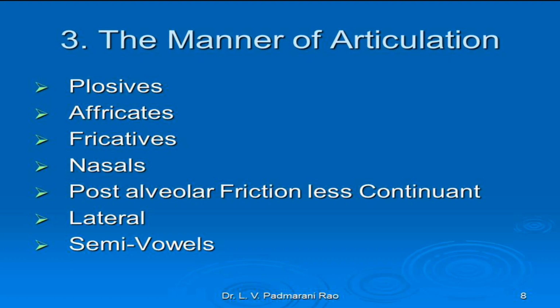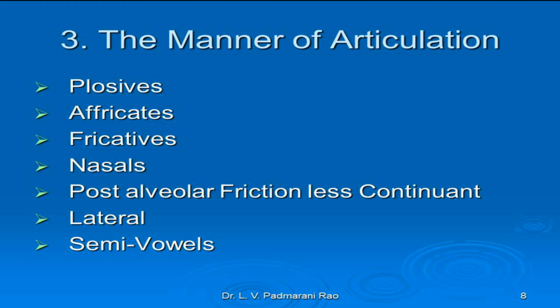Fricatives are continuously accompanied by the audible friction. The examples could be given, where you could observe a slight audible friction in the pronunciation of all these sounds. There are 9 fricatives in English.